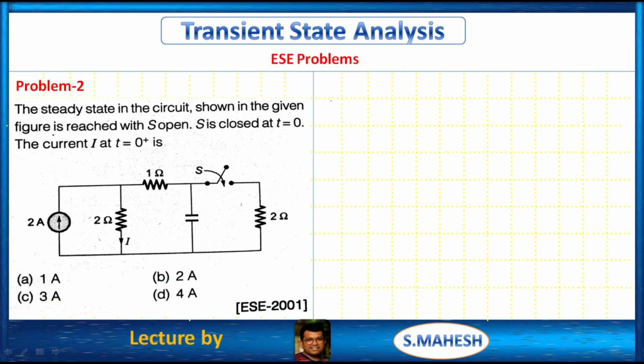With S open, the capacitor gets charged to Vc(0 minus), which is equal to 2 into 2, which is equal to 4 volts, right?